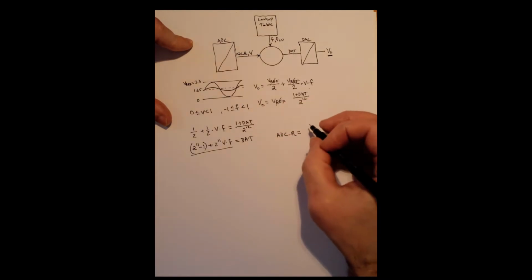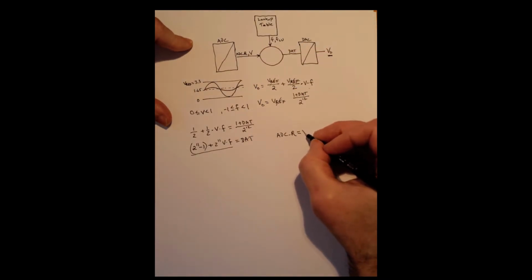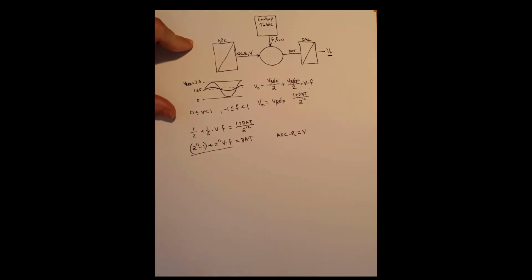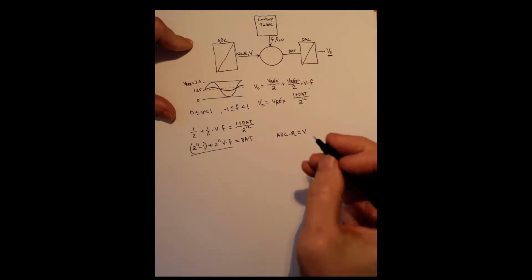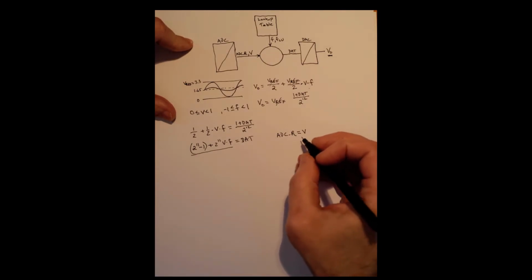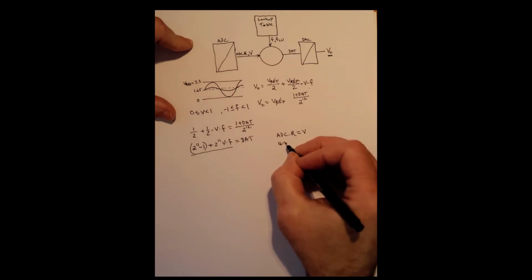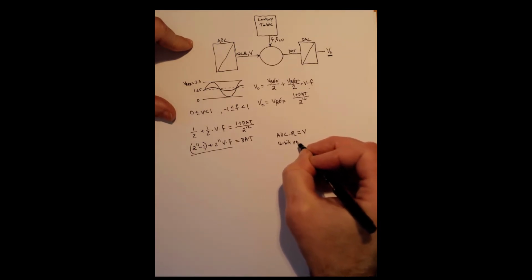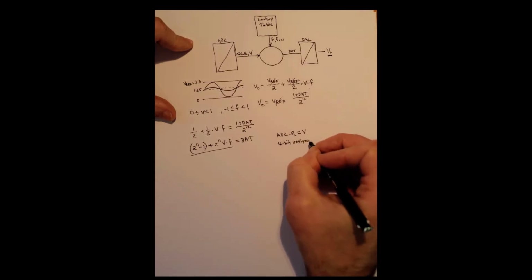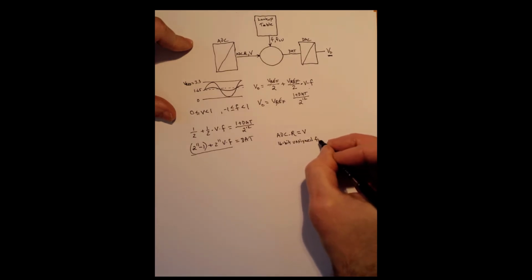This is equal to the volume, which is the number from 0 to 1, times what? Well, what we have is a 16-bit unsigned fraction.